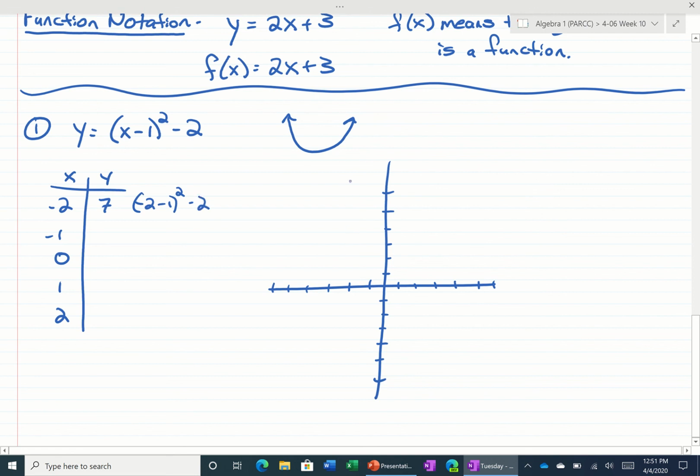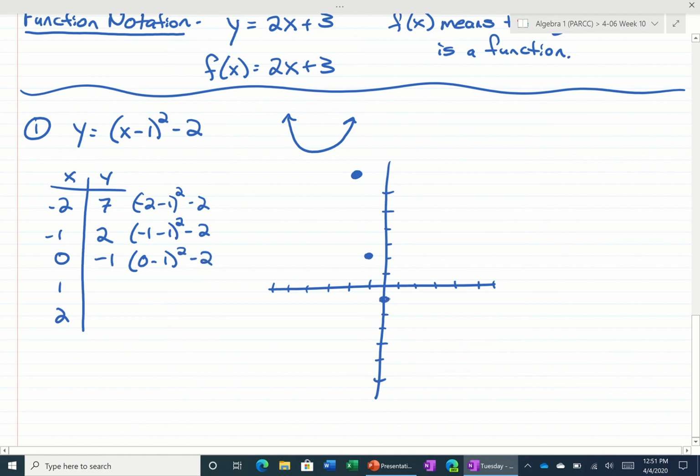So -2, 7 would be up here. If you plug in -1, -1 minus 1 is -2. -2 squared is 4. 4 minus 2 is 2. So for -1, we go to 2 and put a dot. If we plug in 0, 0 minus 1 is -1. Squared is 1. 1 minus 2 is -1.